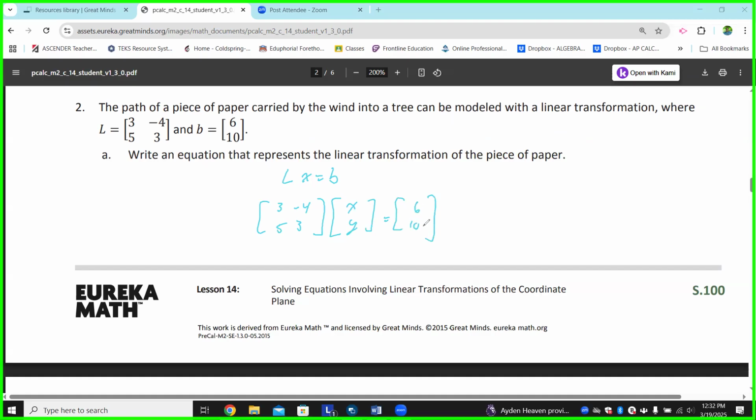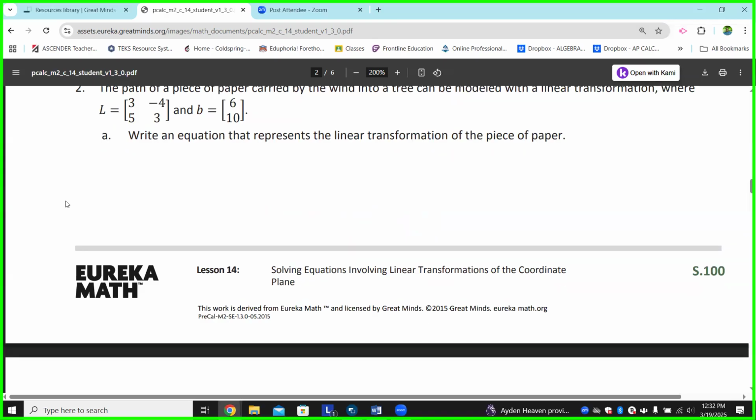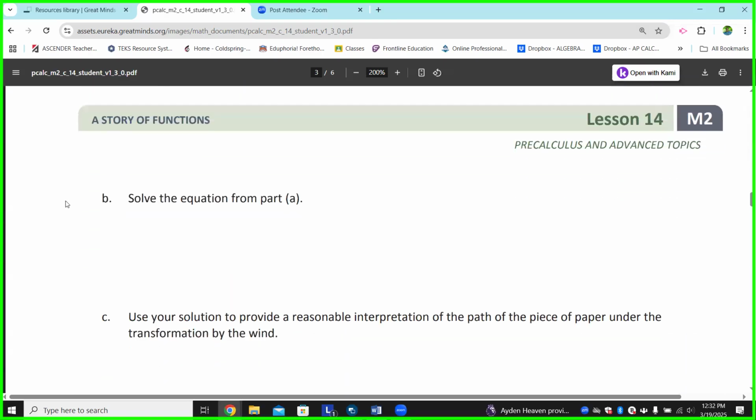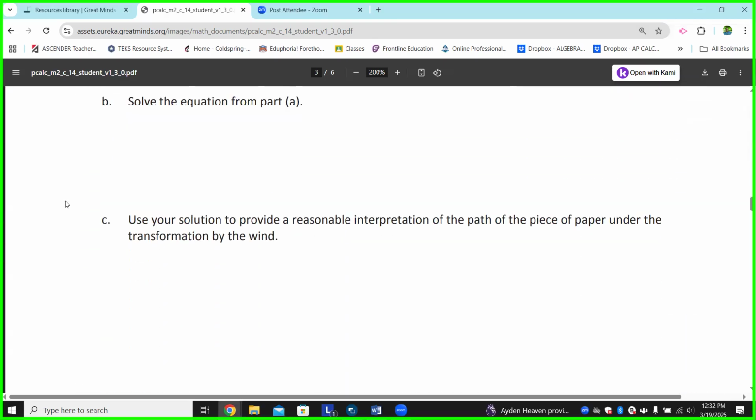So everybody can write out the equation. Now solve it. Do it without me for now. Solve parts A and B. I'll rewrite it for those that might have left the class.